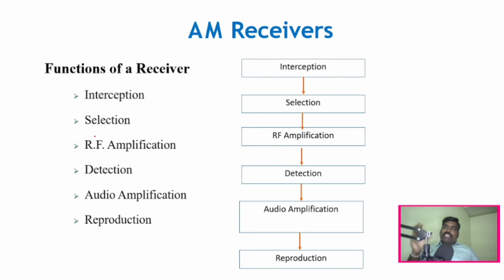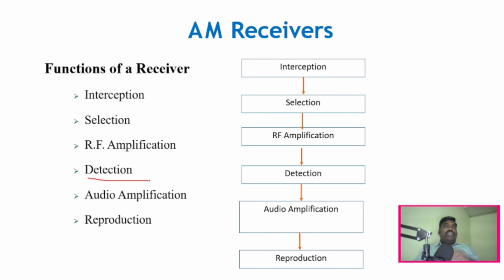After selecting the desired signal, it has to amplify that particular signal. We can use class C tuned amplifiers to boost up that signal, and then it is sent to the detector, where detection, a very important process of the receiver, recovers the original message signal.